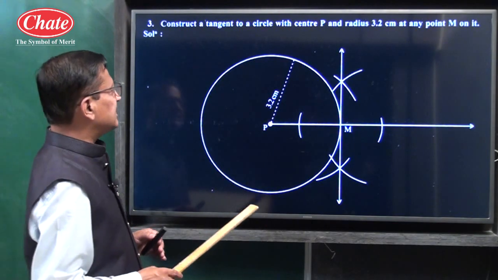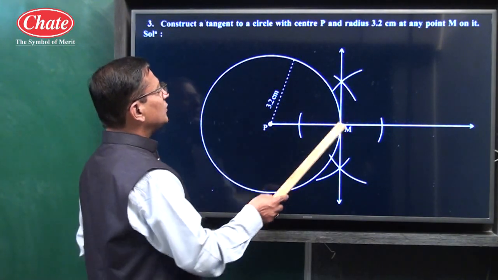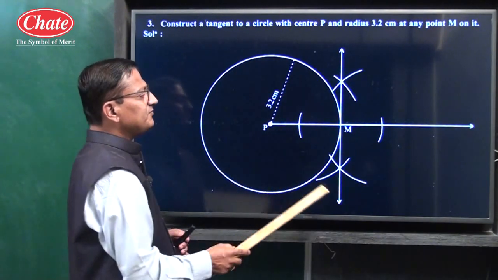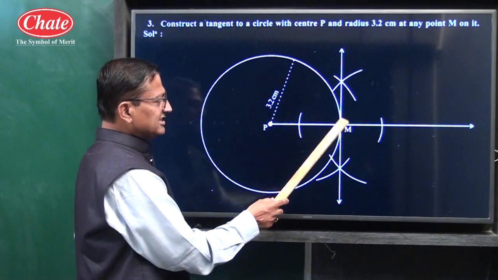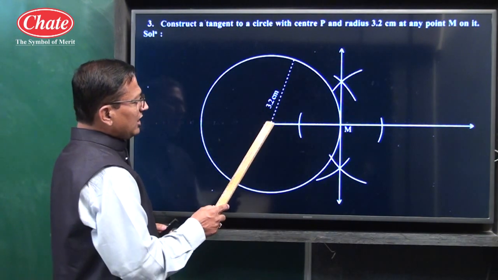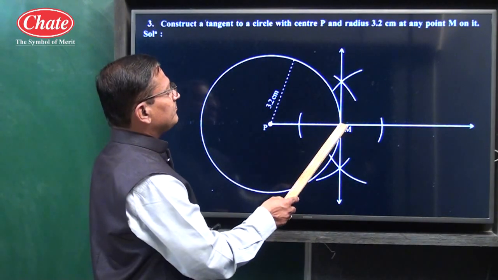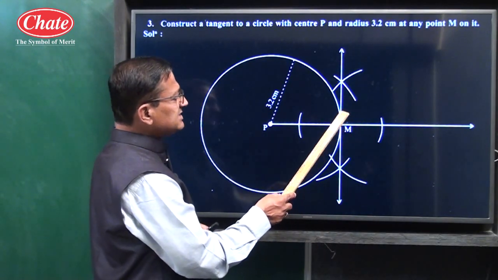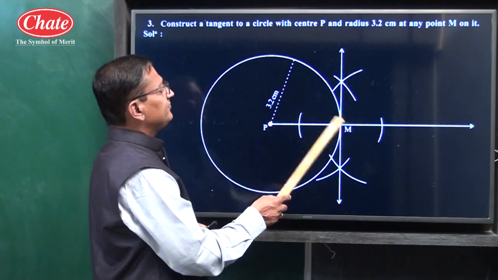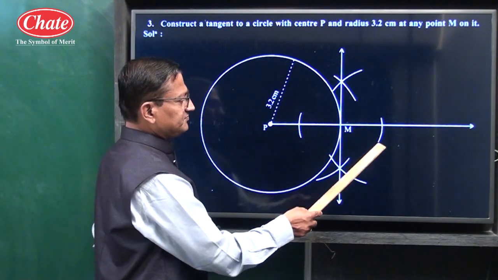So see once again, draw a circle with radius 3.2 cm. Take any point M on the circle. Draw a ray PM. After that, by using compass, with M as a center, draw two arcs.